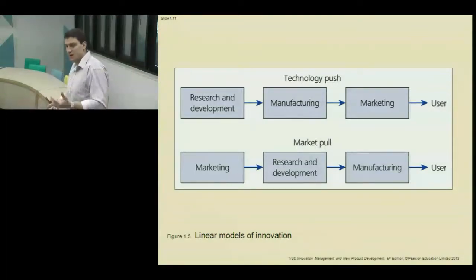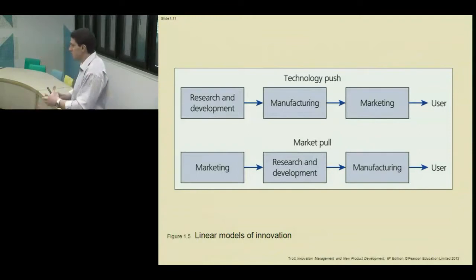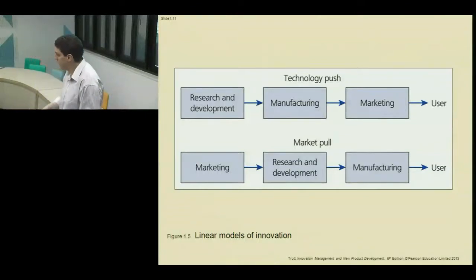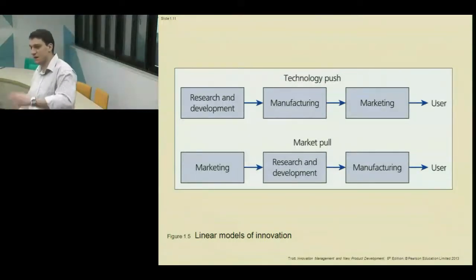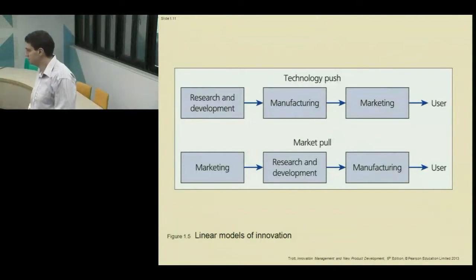So the marketing actually gets those ideas from the market, and then it gives those ideas to the R&D department to see which and how many of those ideas are actually viable and can be concepts, and can be further explored and exploited. And then again we have the manufacturing of those concepts that end up with the final user.